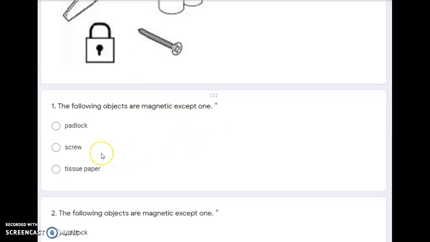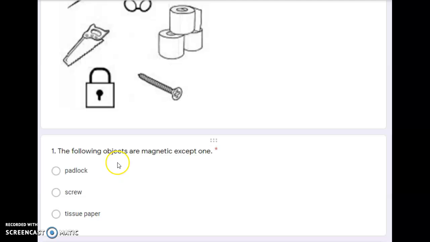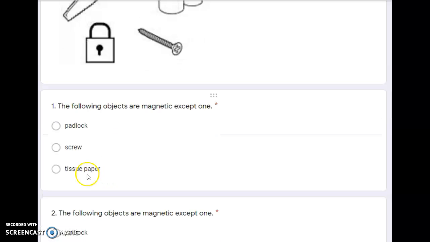All right, so for example, number 1. So this is the object. The following objects are magnetic except 1. It means like all of this, question 1, it's saying that all the words here are magnetic except 1, meaning there's 3 words and 2 of them are magnetic. The other one is non-magnetic.